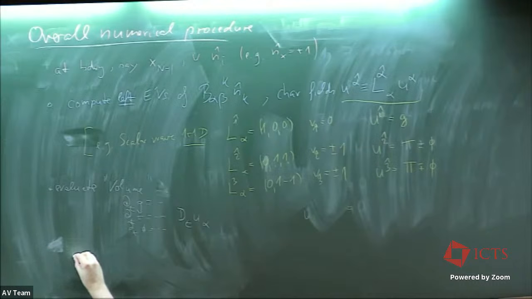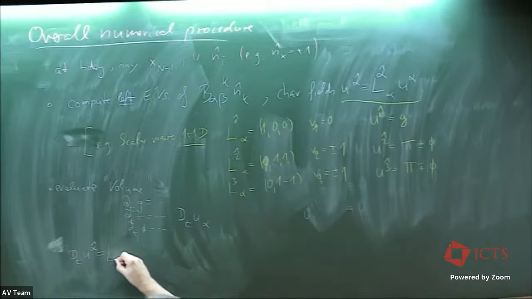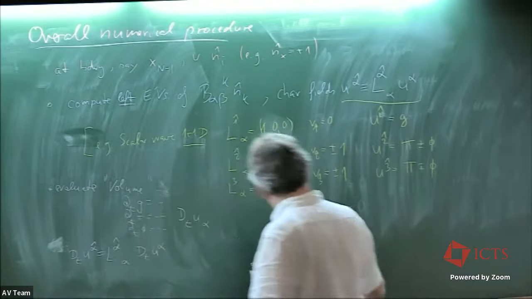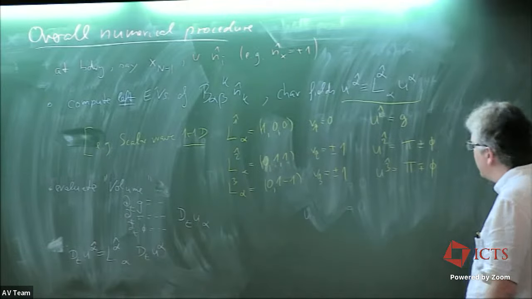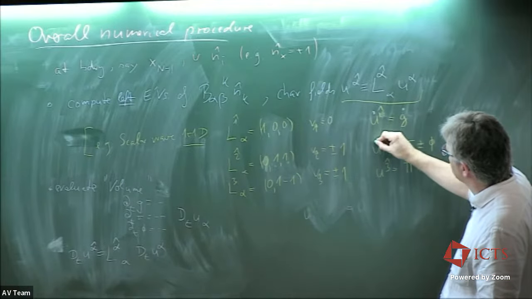So we compute dt u alpha hat by the L matrices hitting the dt u alpha. So what this basically means is that you put periods on top of everything here.